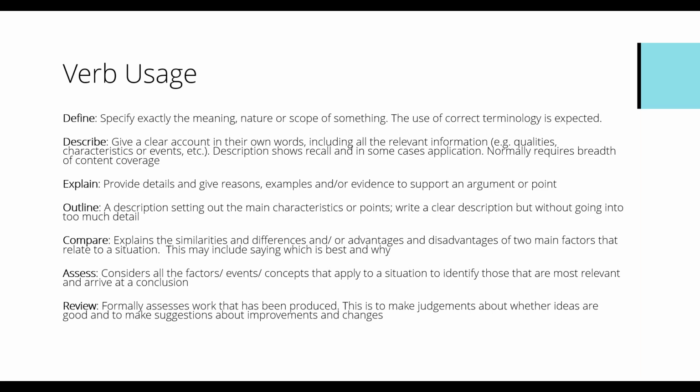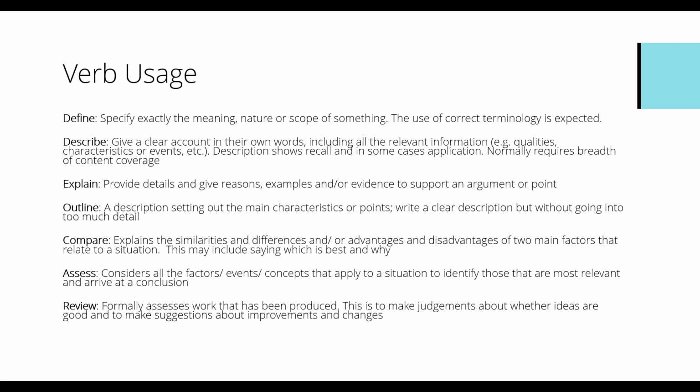Two of the main ones that we use across the level 2 and level 3 endpoint assessment are describe and explain. As you can see, the definition of a description is to give a clear account in the apprentice's own words, including all relevant information, and in some cases apply that knowledge to a given context.